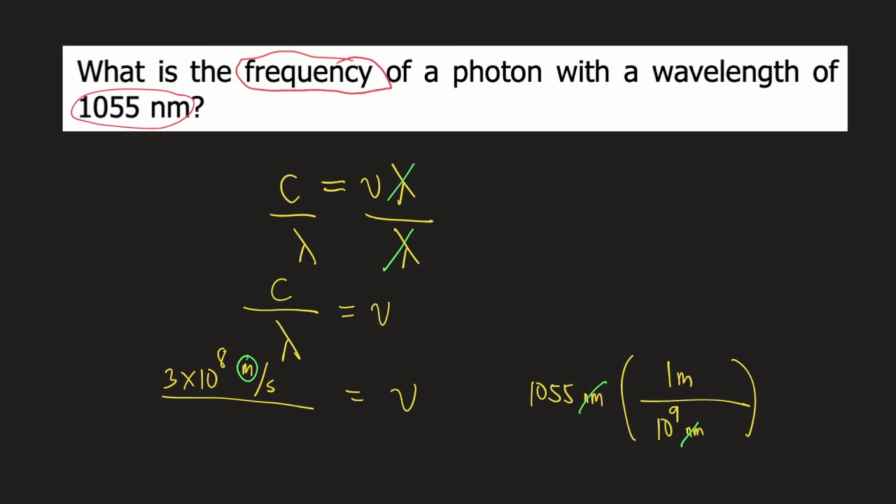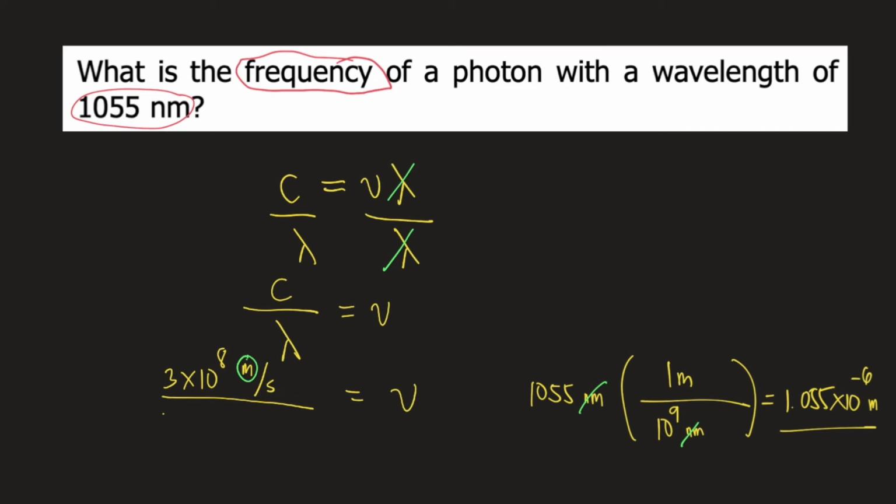So nanometers will cancel, and this is equal to 1.055 times 10 raised to negative 6 meters. So this will be our wavelength in meters, and we plug that into our equation.